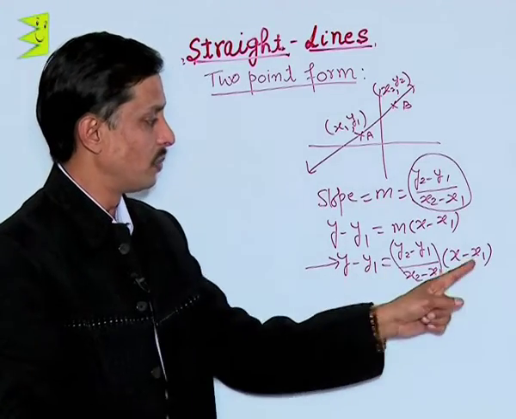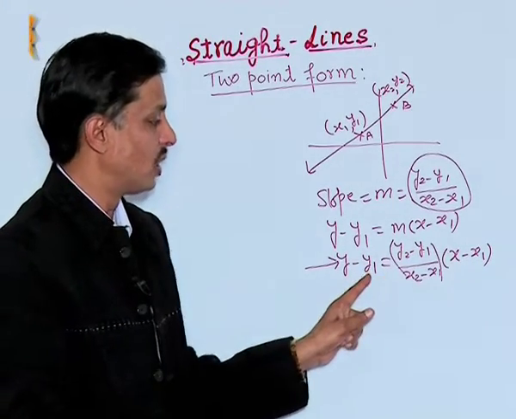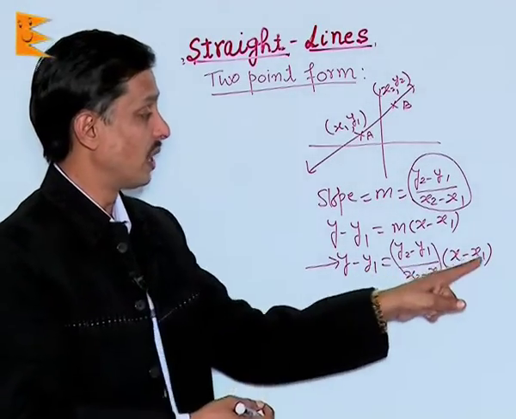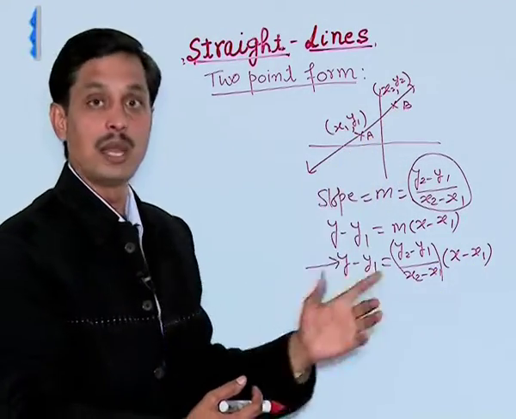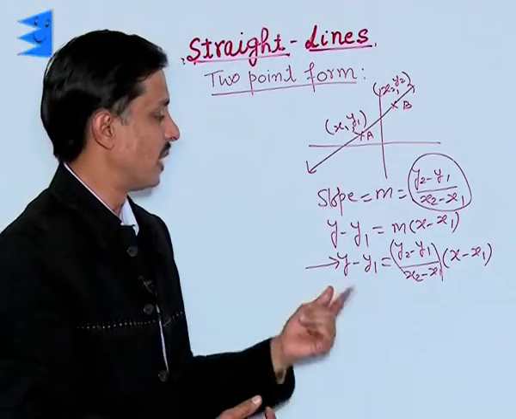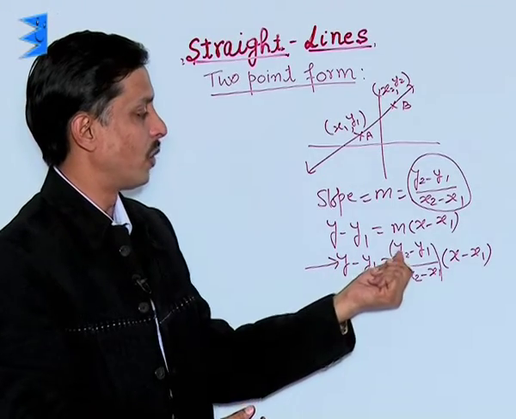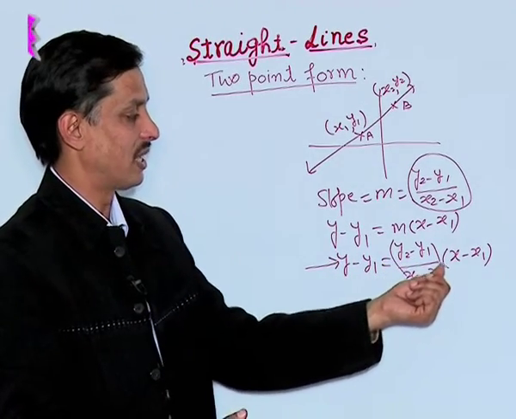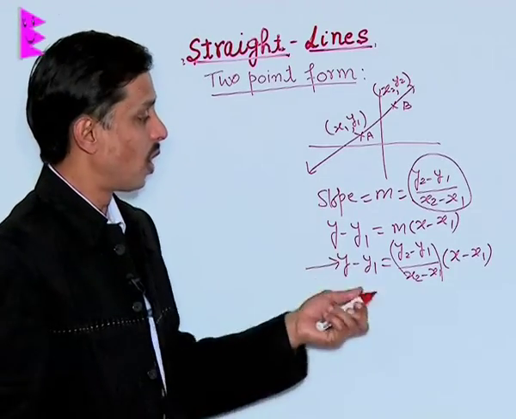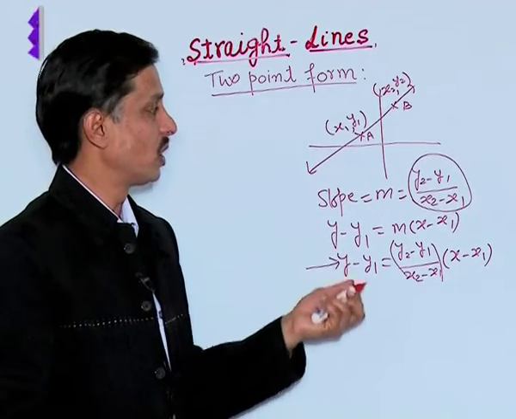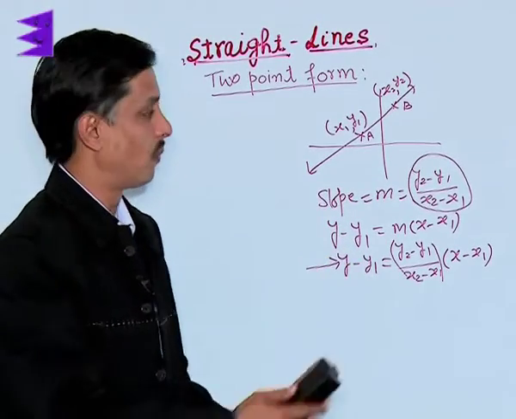Also, in place of x1 y1 that I am using here, you can use x2 y2 also, because any of the points can be first. So y minus y1 is equal to y2 minus y1 upon x2 minus x1 times x minus x1 is the formula for getting the equation of a line in the 2-point form.